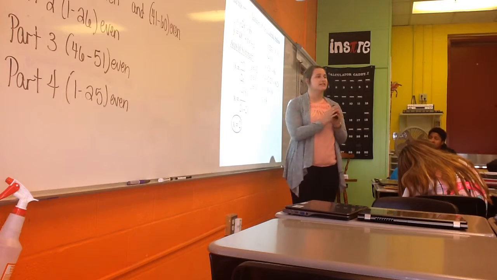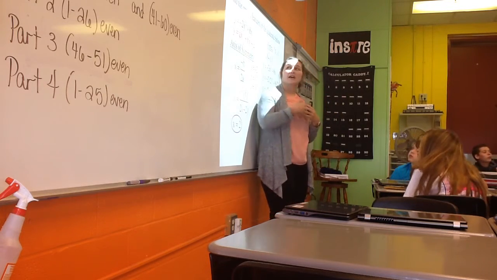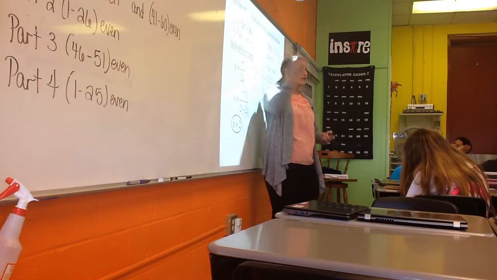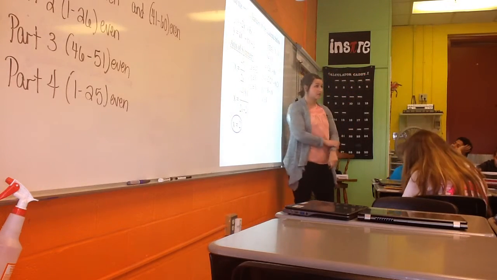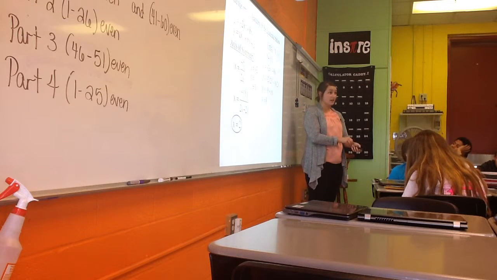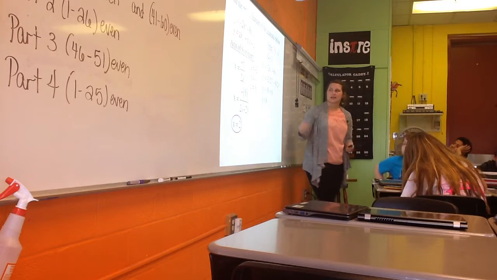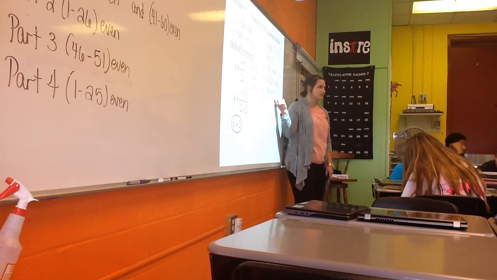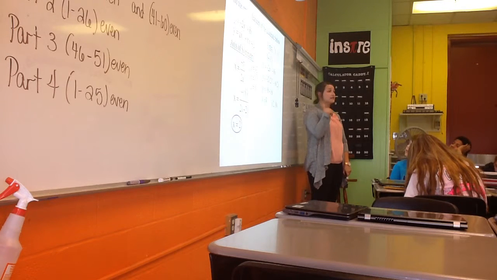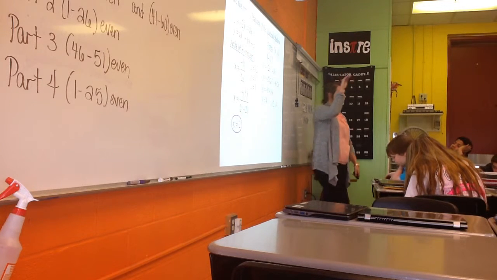What do we look at to see if it opens up or down? The A. And the A is what? Negative. Negative, so it will open down. Got it? Yeah. Okay, so what does that mean about my vertex? Okay, but is it the highest point?